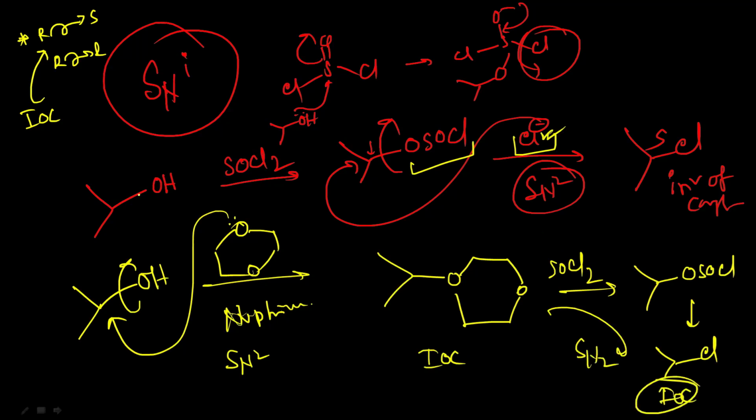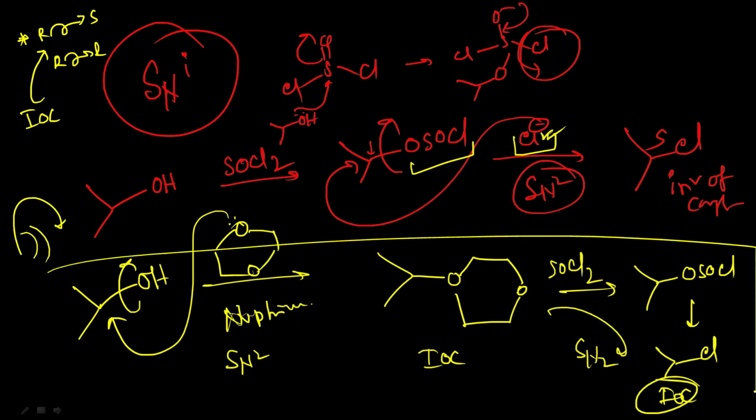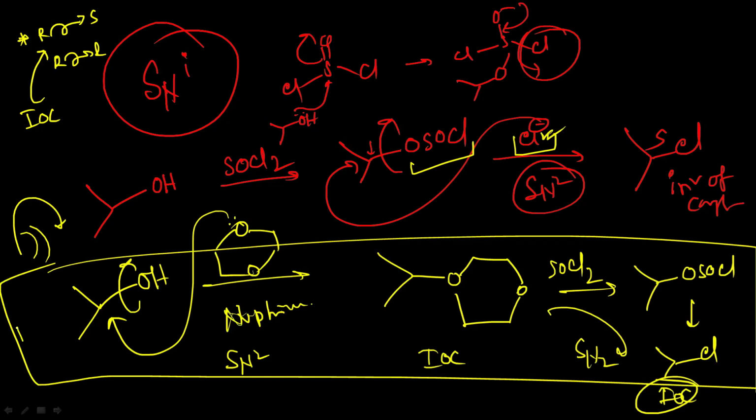If two inversions of configuration are occurring on the same center, first inverting, then again inverting, then basically the starting configuration is retained. So here, overall, it is basically retention of configuration, and this is basically the SNi reaction. SNi reaction means double SN2. It is basically double SN2.